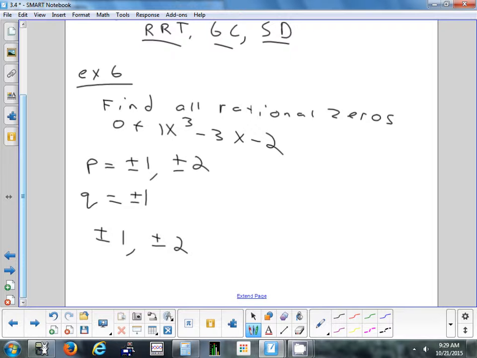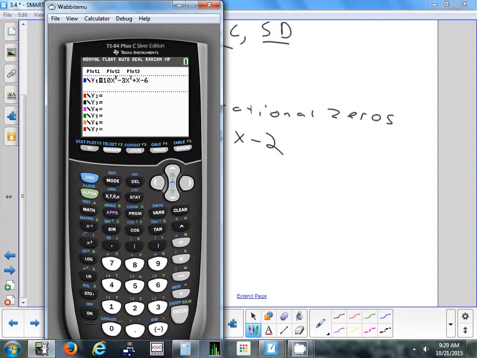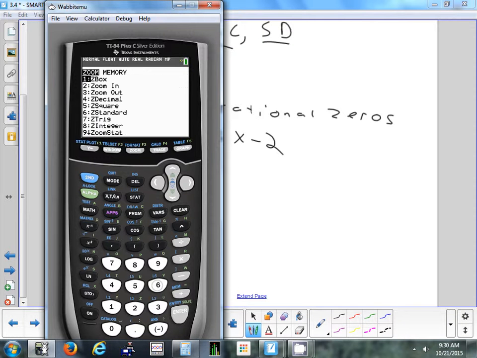Next I'm going to graph. I'm going to look and see if it looks like it crosses the x-axis near one of these. And if it does, I'll use synthetic division and divide through. All right, so it's x cubed minus 3x minus 2. You start with your standard window.